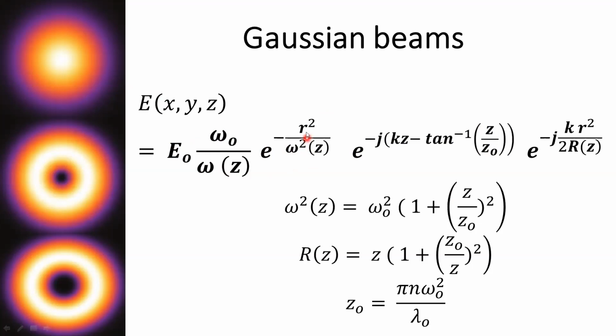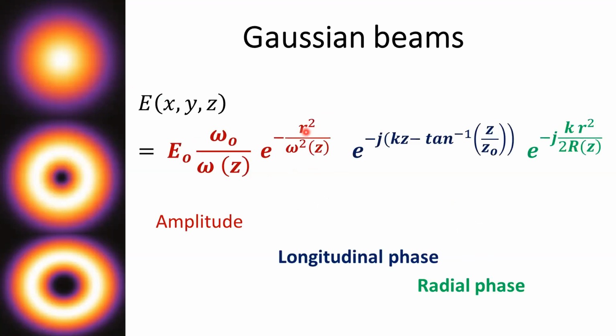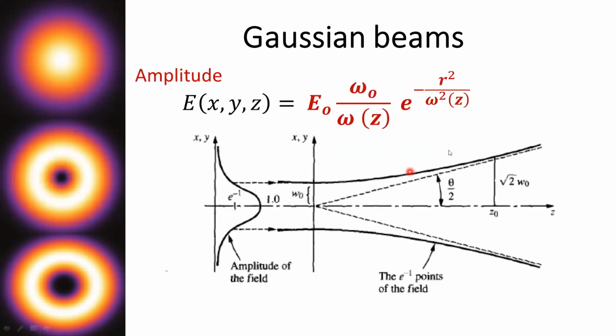Then you have to put r squared equal to omega naught squared, or r equal to root omega naught. Let's now do it in the graph. When you reach a point z equals z naught, in order to reach the same value, which is e power minus 1, you will have to put a value which is root 2 omega naught. In the previous case, when z equals 0, the value was omega naught. Now the value is root 2 omega naught.